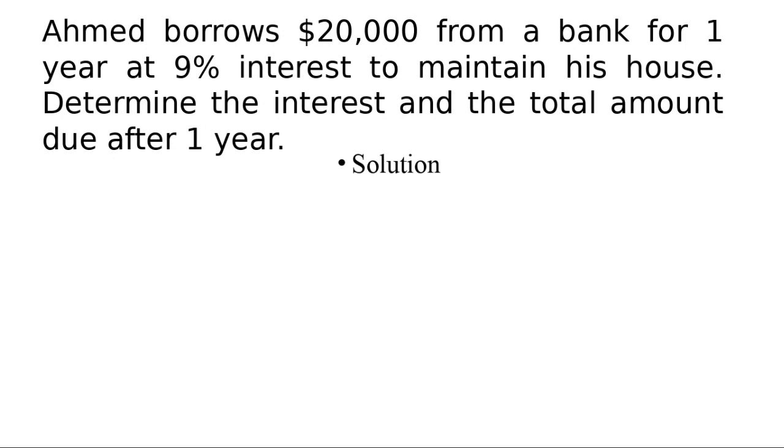We multiply the interest rate by the original amount, 20,000. Do we multiply it with 9 or 0.09? 0.09. Exactly.